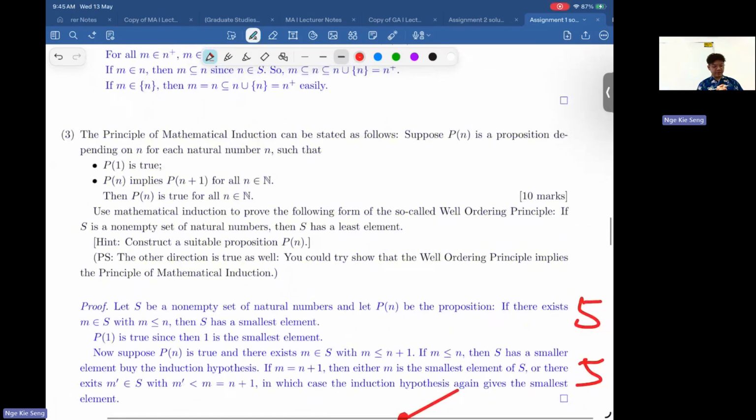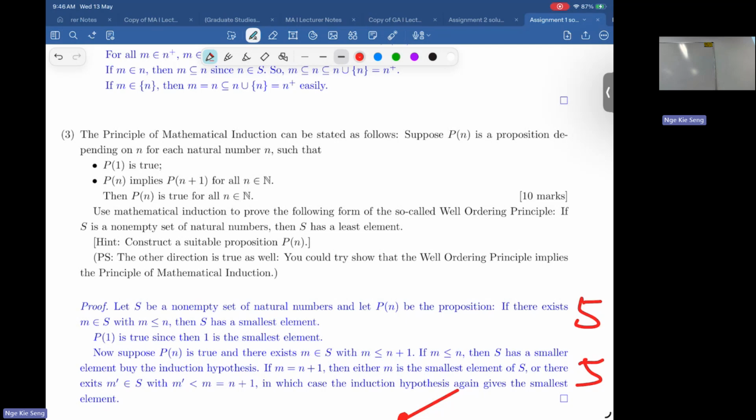Next part is that the principle of mathematical induction can actually imply well ordering, and actually they are equivalent. You can go back and forth. One misconception here is that people try to think of this as a finite set. You want to prove that for all n, a set with n elements has a smallest one. This is not what the question wanted to answer.